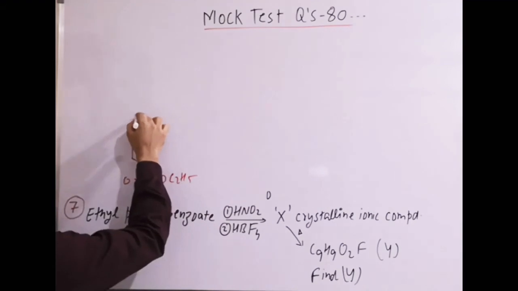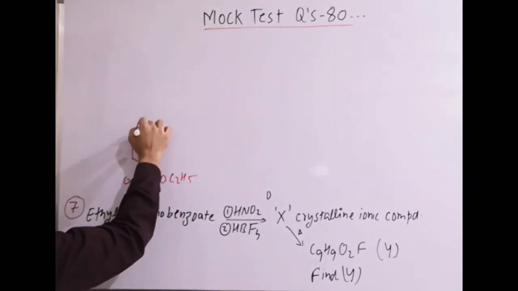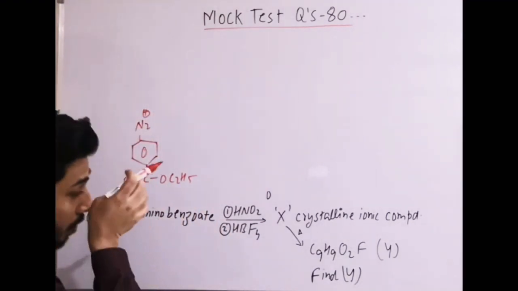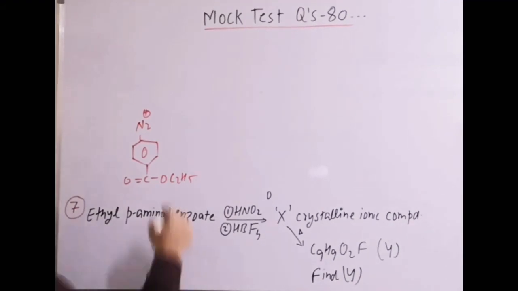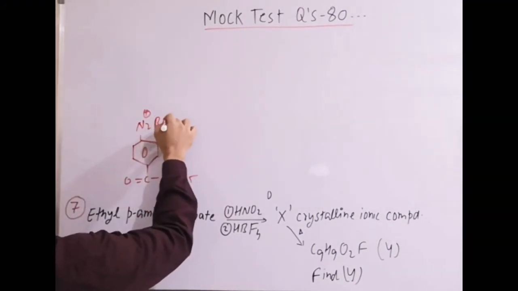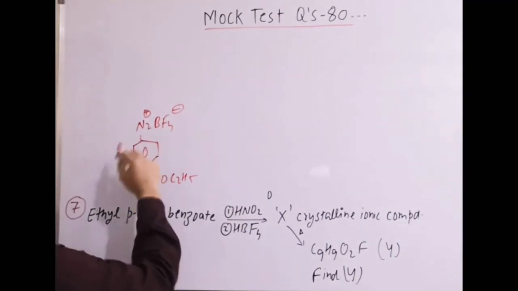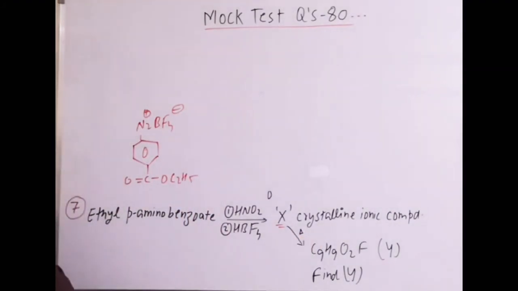After HNO2, what will this form? It forms the diazonium salt. Done. Then the standard reaction of the diazonium salt with HBF4 gives salt formation with BF4 minus, and that is the fluoroborate formed. This is compound X. This is a crystalline ionic solid which is insoluble in water.